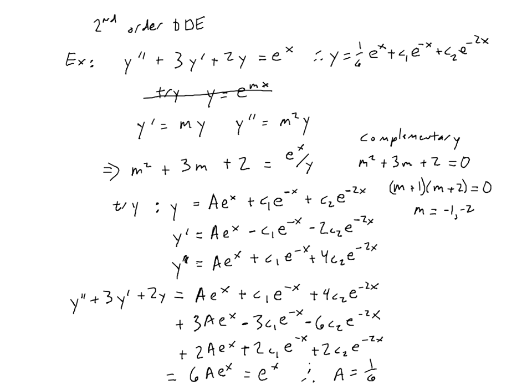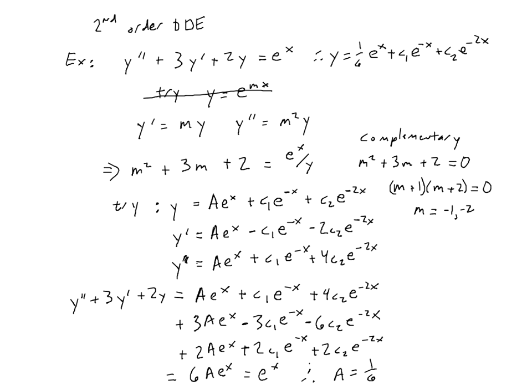But I knew that neither one of these was going to give me the e to the x on the other side. So I tried a new solution where I had both the complementary solutions, which will give me 0 and not contribute anything to the right-hand side, and another solution which is designed to give me something like an e to the x on the right-hand side. And then I took all the derivatives, plugged it back in, and found out what my missing term was.